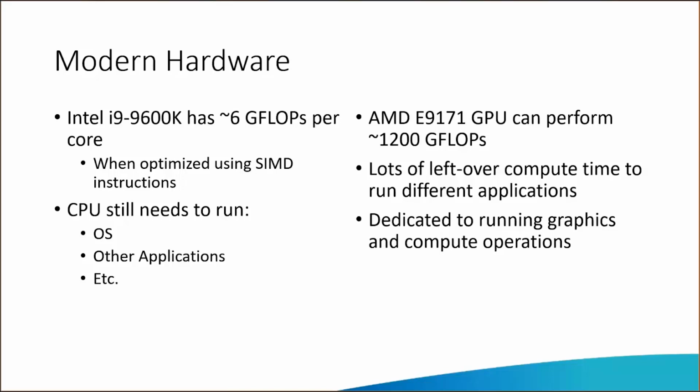being used. And then when you compare this against, for example, the AMD E9171 GPU, this GPU is capable of performing 1,200 gigaflops, or I'll reword this as 1.2 trillion math operations per second. And so this is a substantial increase over what is available on the Intel CPU.